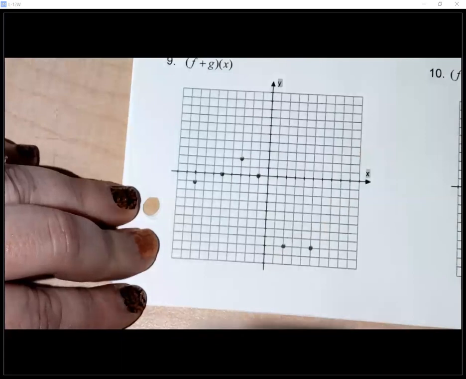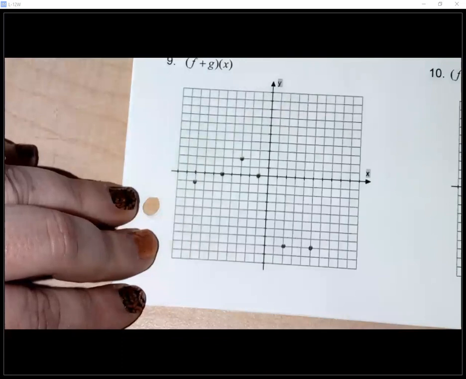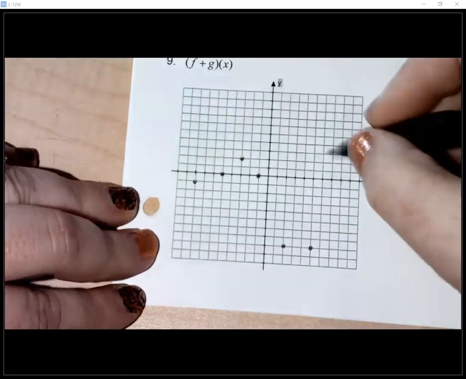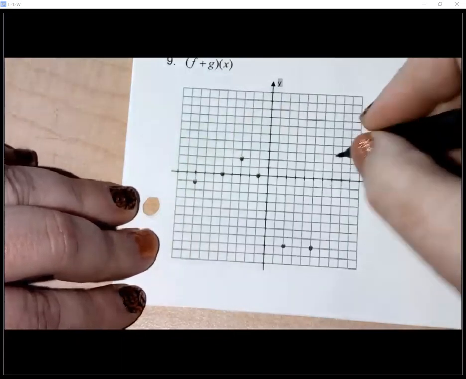And then one more time, is this +9? 5, 6, 7, 8, 9. Yes, it is. So it looks like I've got 4 and -4. So if you add 4 and -4, you get 0, right?